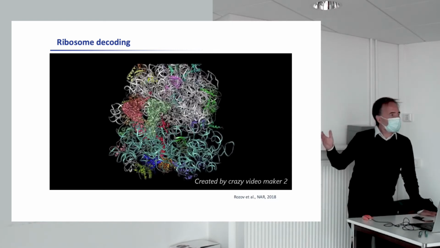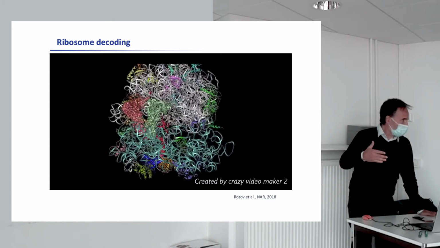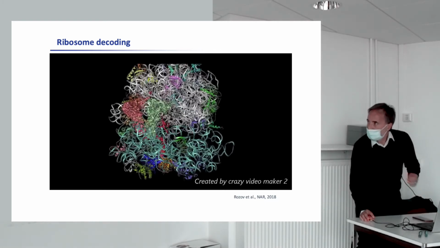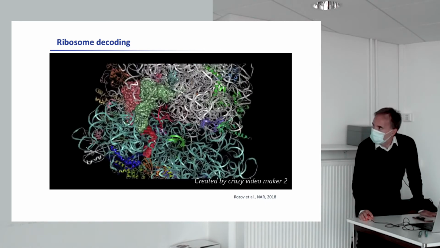And then we are going to see in this movie how the A site tRNA will arrive on the ribosome and will establish codon-anticodon interaction in the A site that is here, that for the moment is empty. Okay, from this view you don't see very well, but there is here on the small subunit an mRNA molecule already placed. Okay, so we zoom in.